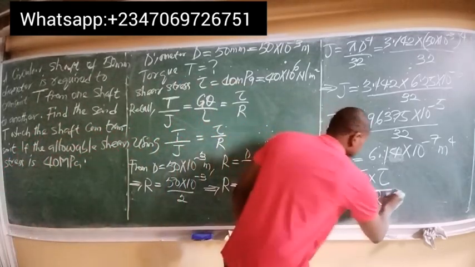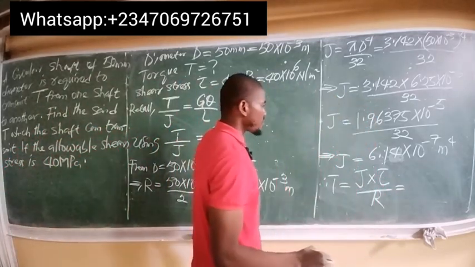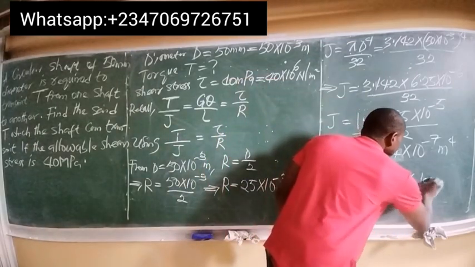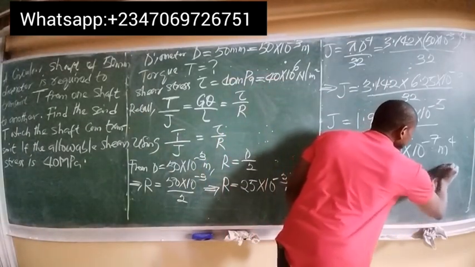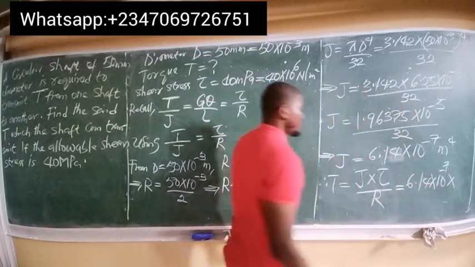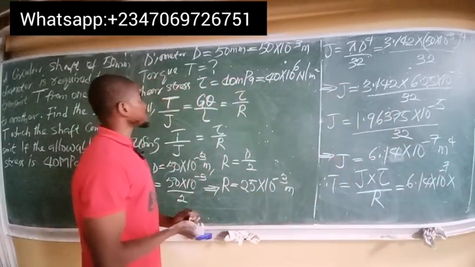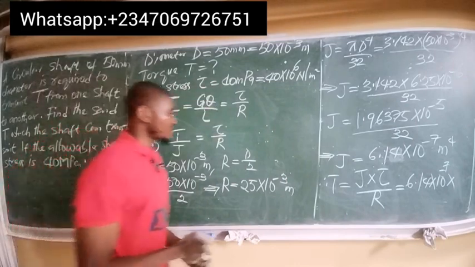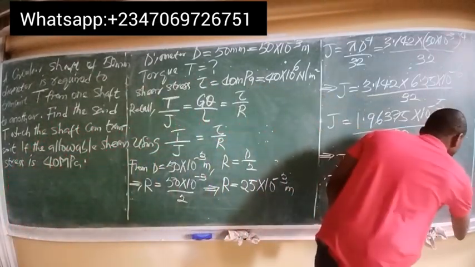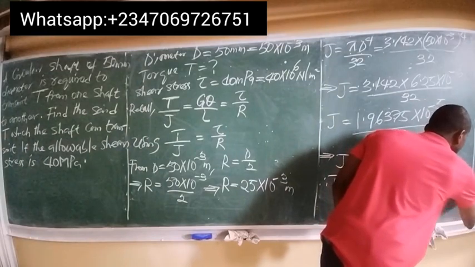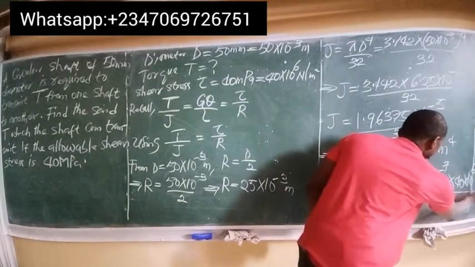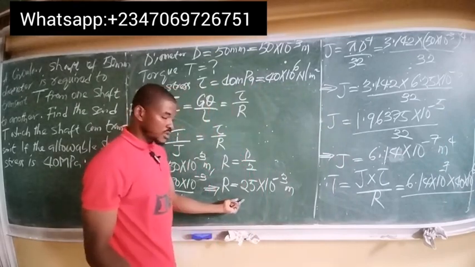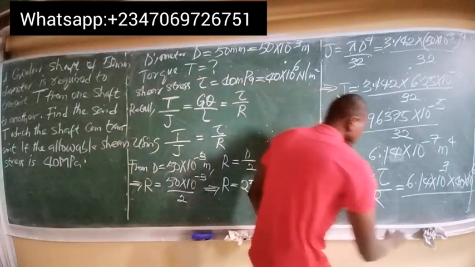This is now equal to the polar moment of inertia, given as 6.14 by 10 to the power of minus 7, multiplied by the shear stress, given as 40 by 10 to the power of 6, all over the radius, which we obtained as 25 by 10 to the power of minus 3.